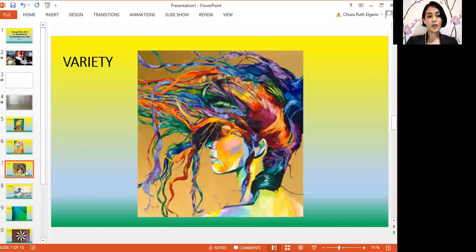Next, we have variety. In other terms, variety may be referred to as diversity. This means adding multiple different elements to break the monotony of an artwork and to make it more interesting.